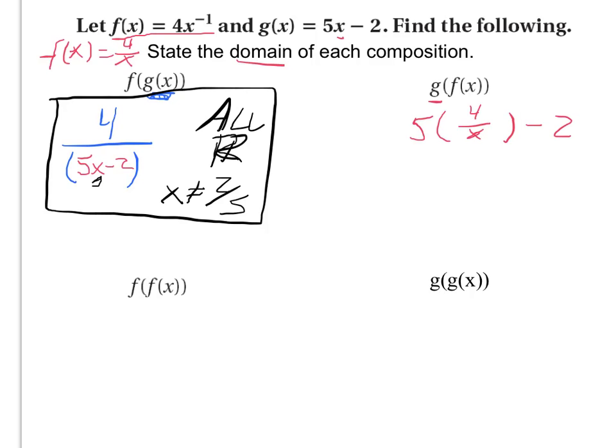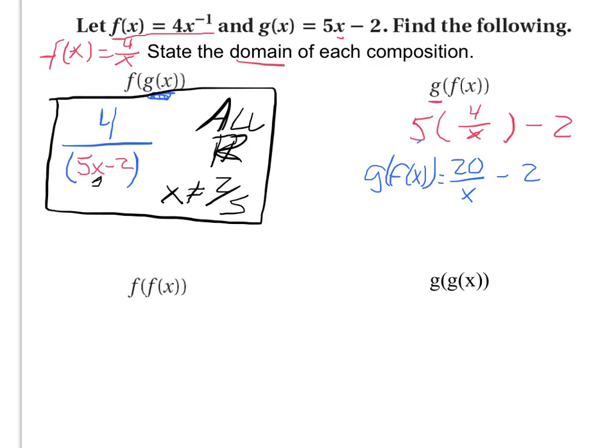Now, I am going to simplify that down. The last one could not be simplified, but this one can. I can do 5 times 4. 5 times 4 is 20. So I have 20 over x minus 2. So this here is g of f of x.